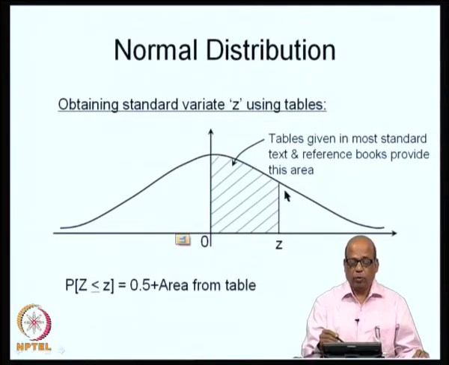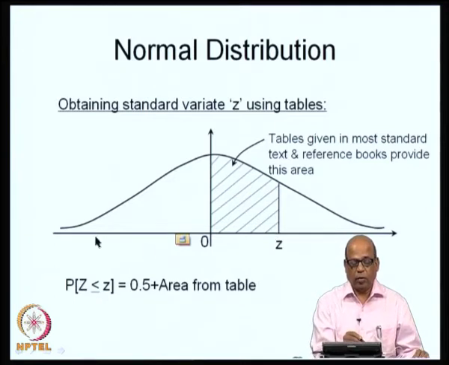If some of the books provide the total area, that is the area between minus infinity to plus z, they include this 0.5 area also, in which case you do not have to add 0.5. What I indicate here is probability of z being less than or equal to z.